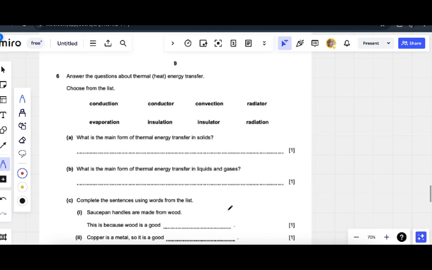Convection is the method of heat transfer by convection current, due to the difference in heat energy. So the method by which heat is transferred in solids is conduction. You just write conduction here, you get your 1 mark.